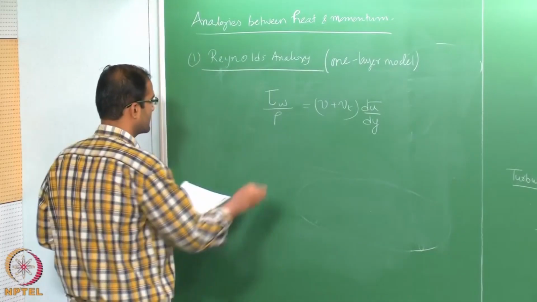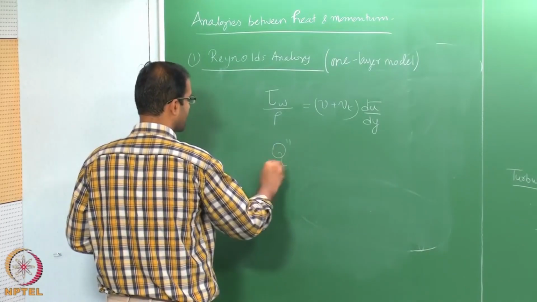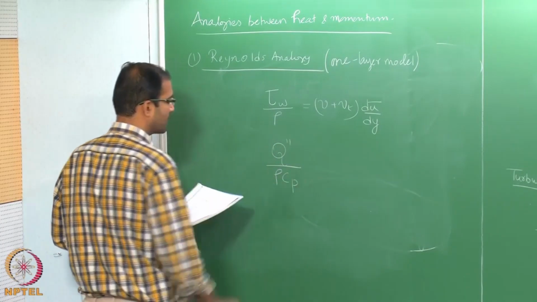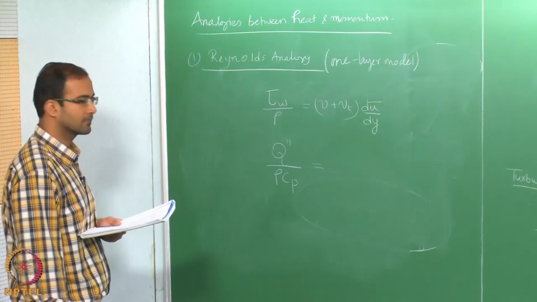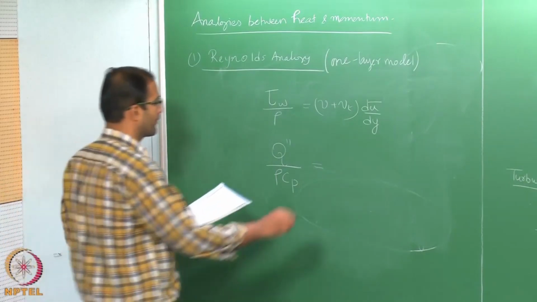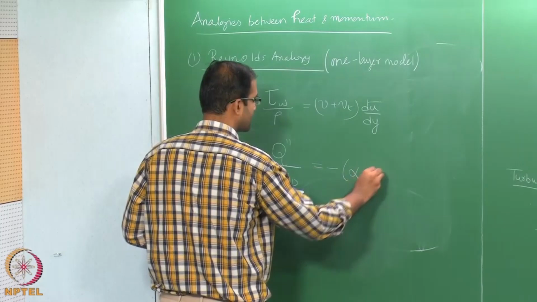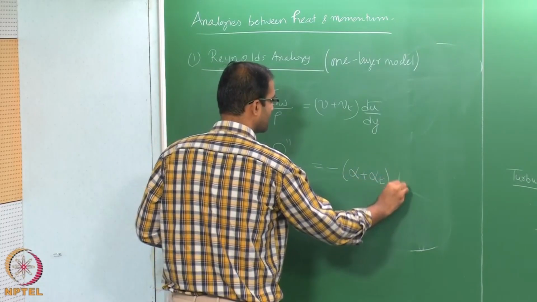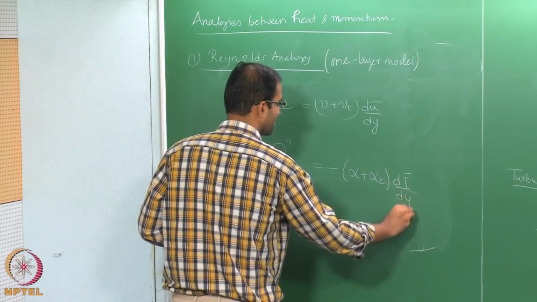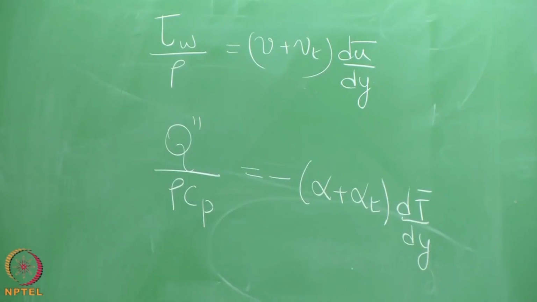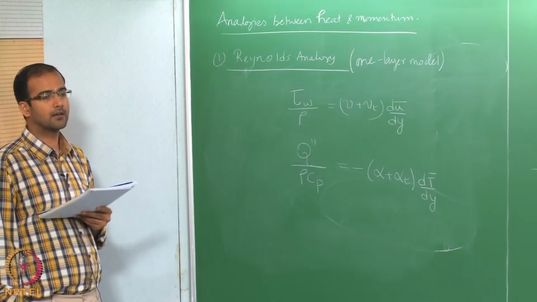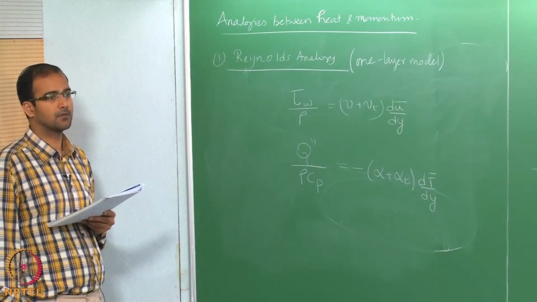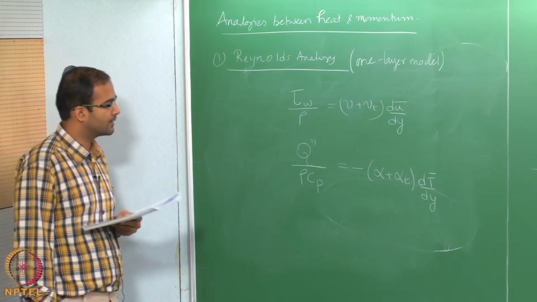Similarly, for the heat flux, we can use q double prime by rho Cp, and that should be equal to minus alpha plus alpha t into d T bar by dy. So, this is your extension to your basic Fourier's law of conduction. We also now include the effect of turbulent thermal diffusivity into this, right.